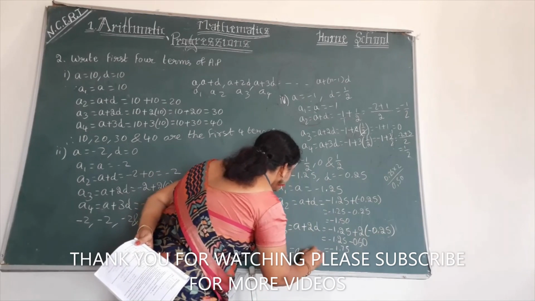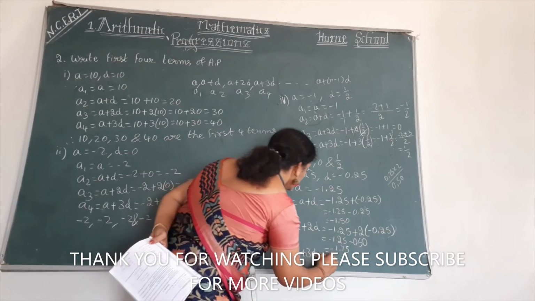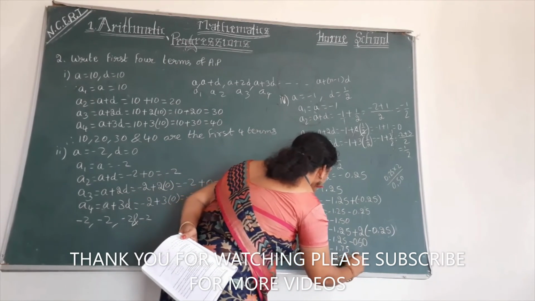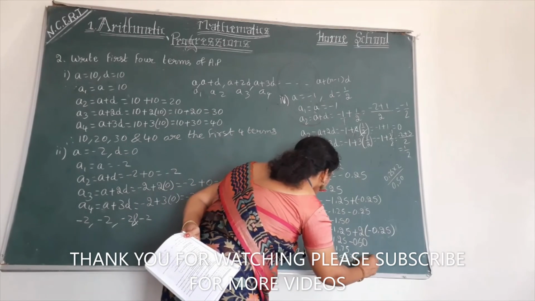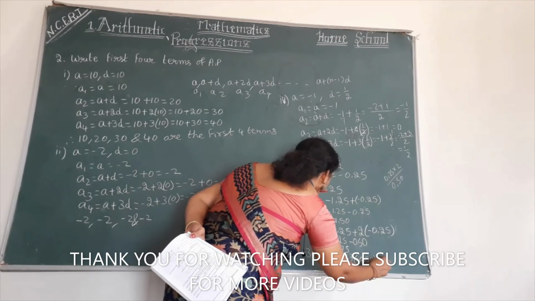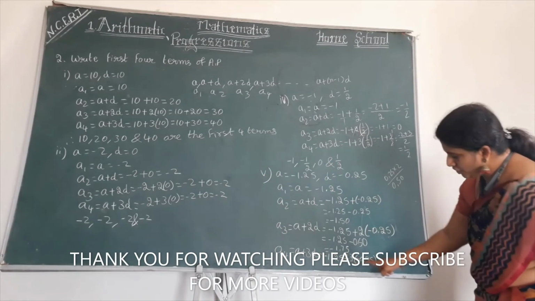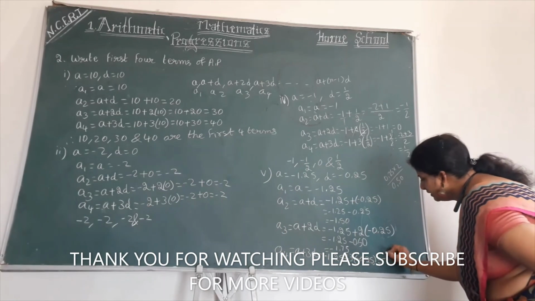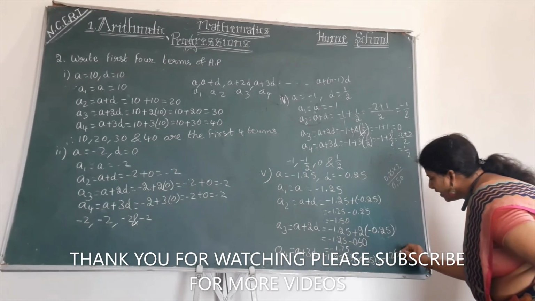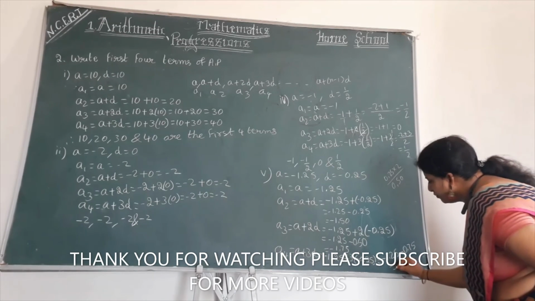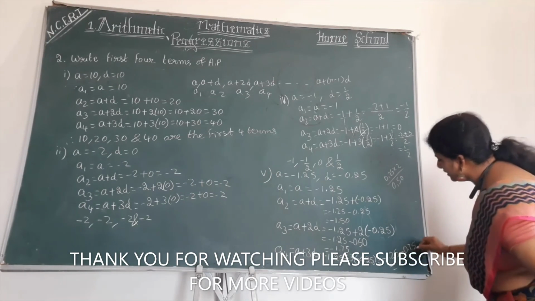A4, A plus 3D, that is equal to A value minus 1.25 plus 3 into minus 0.25. So same manner, how much you are going to get if you multiply this? Minus 1.25 minus 0.75. If you add these two, what you are going to get here, children?